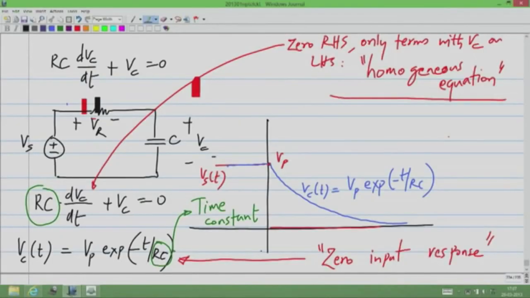So like I said before, the initial slope is Vp by Rc.